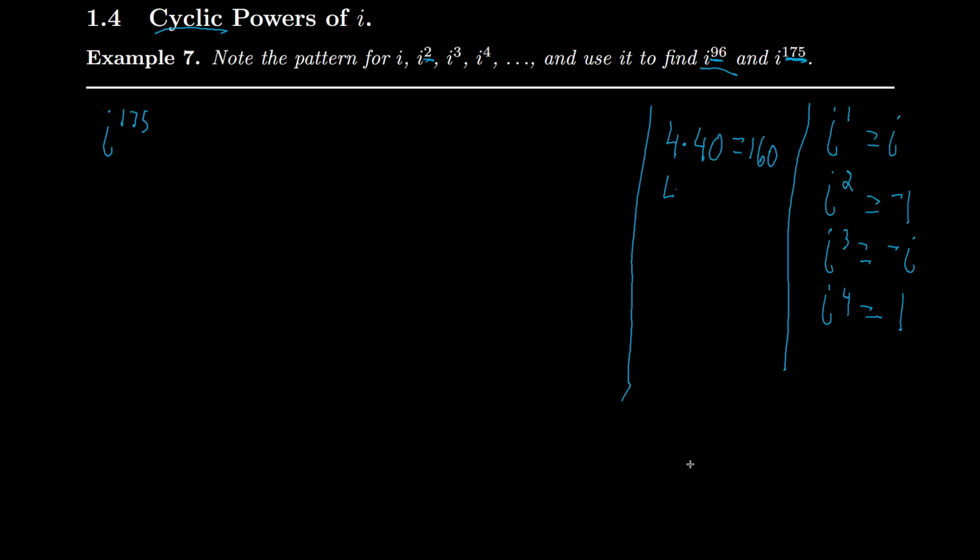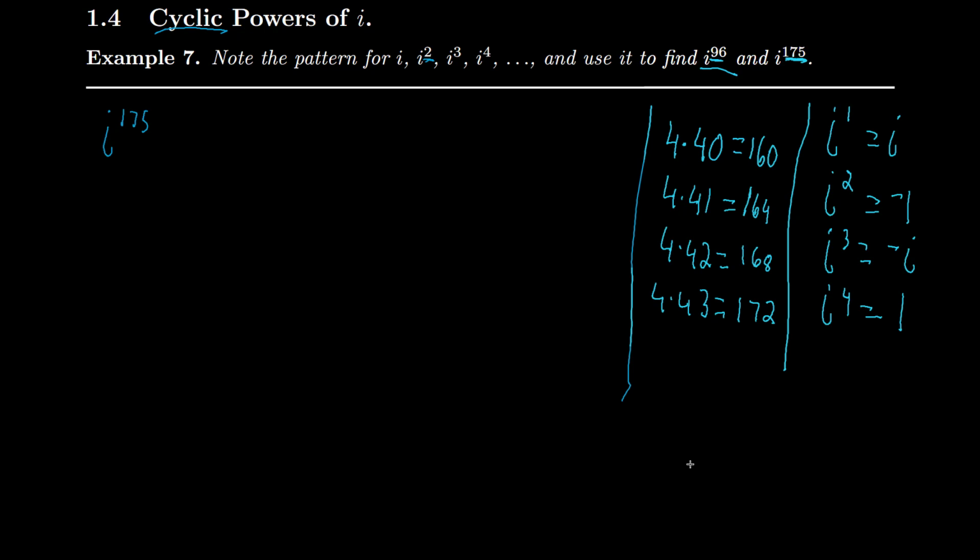So I can do it one at a time if I want to. So 4 times 41 is 164. Okay. 4 times 42 is 168. 4 times 43 is 172. And if I add in one more copy of 4 to this, I'll get 176, which is too big.